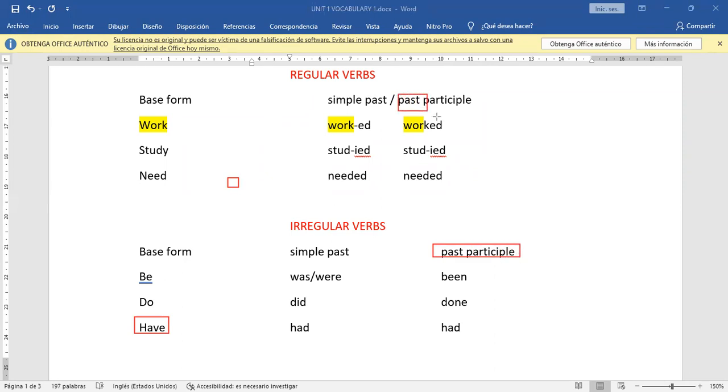Past participle can be regular verbs or irregular verbs. To organize present perfect sentences: have or has.